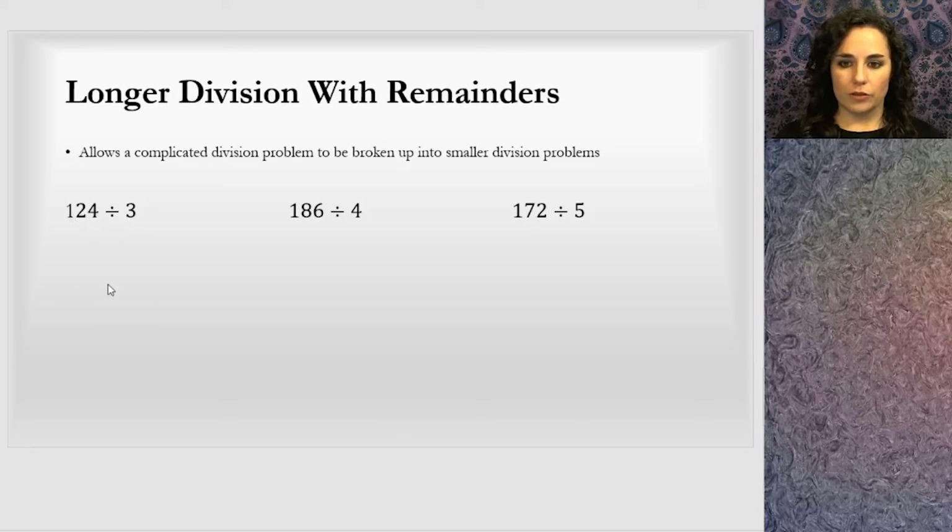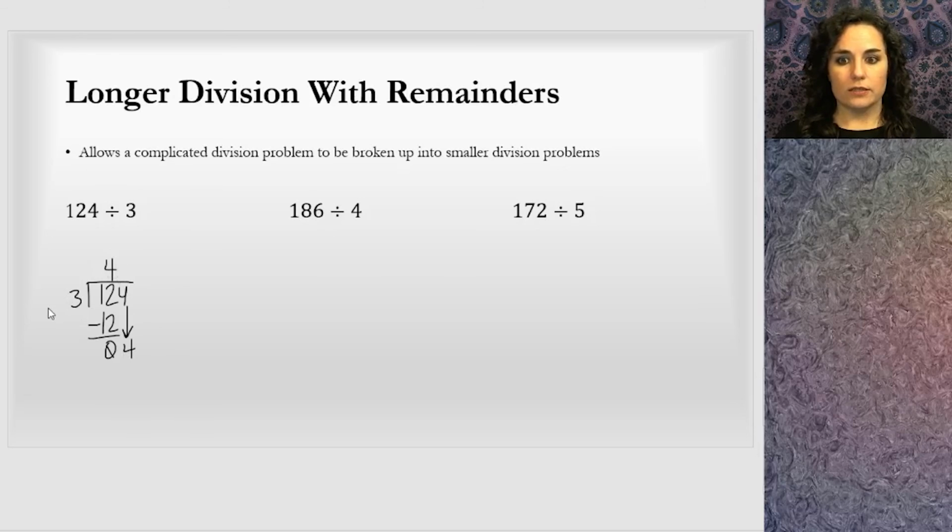124 divided by 3. Let's do 124 divided by 3. How many times does 3 go into 1? It doesn't, so I have to consider the first two numbers. How many times does 3 go into 12? 3 goes into 12 evenly 4 times. 4 times 3 is 12. I subtract and I have no remainder. Bring down the 4.